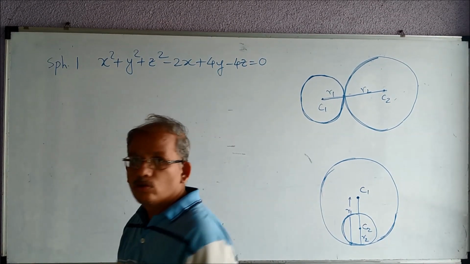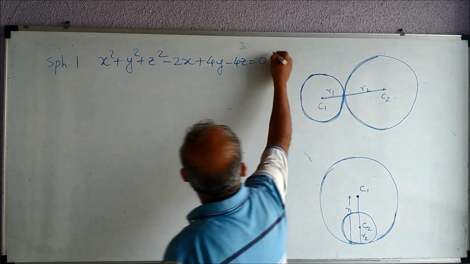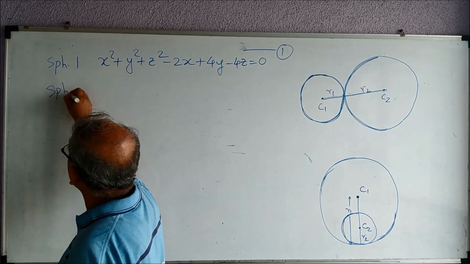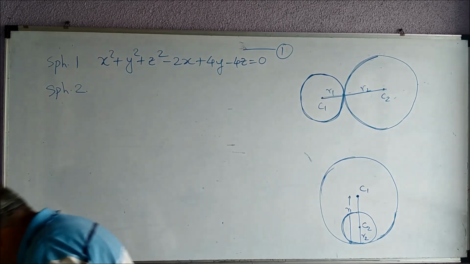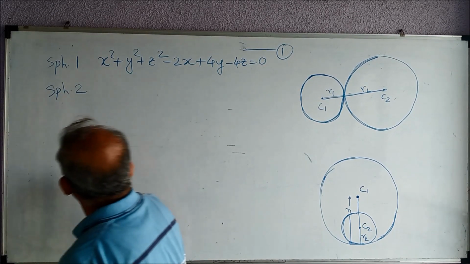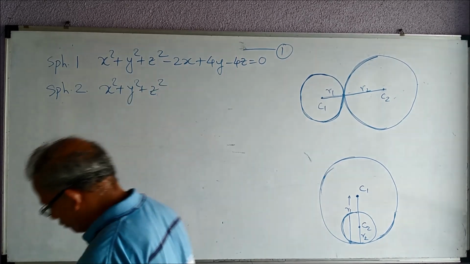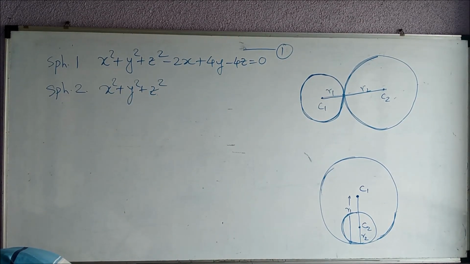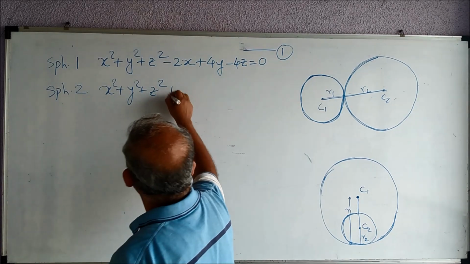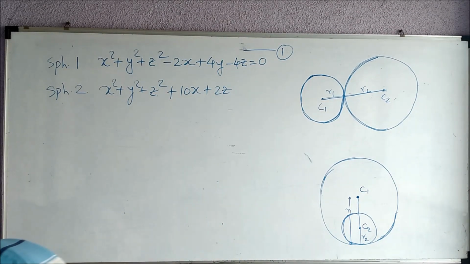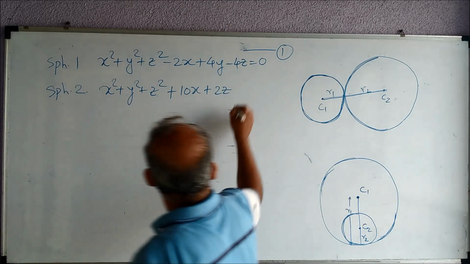This is equation number 1, and sphere 2 is given as x square plus y square plus z square plus 10x plus 2z plus 10 equal to 0.